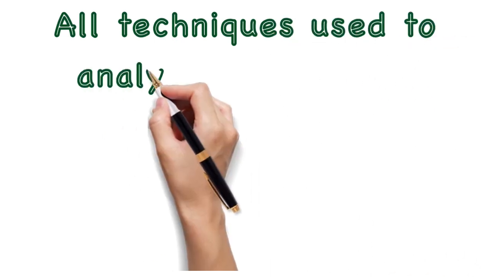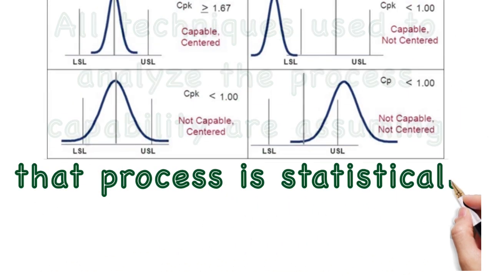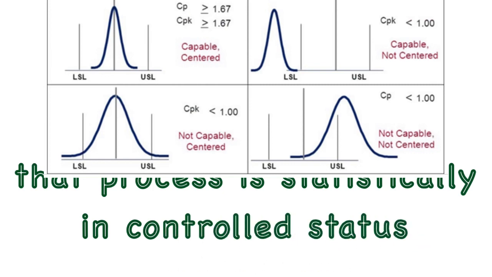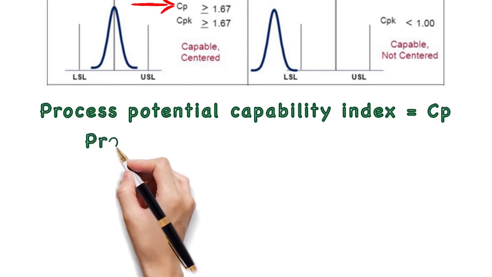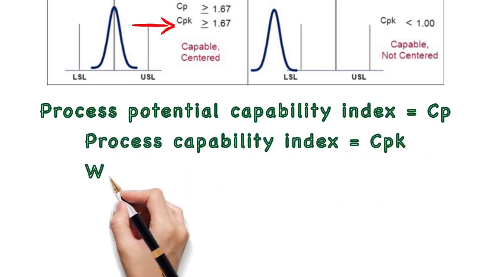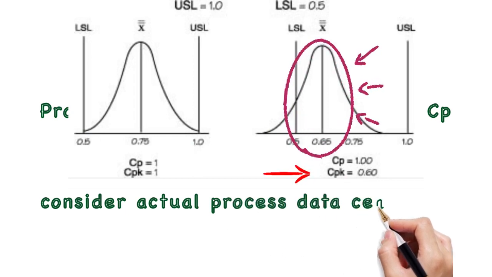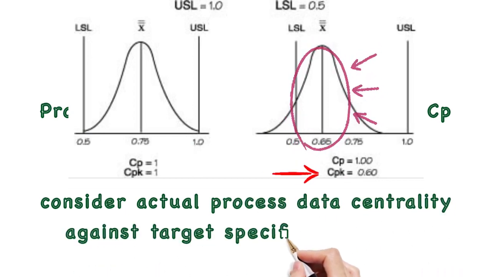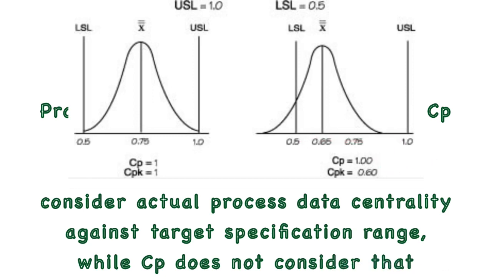However, one thing important to understand here is that all techniques used to analyze the process capability assume that the process is statistically in controlled status. So we have what is called the Process Potential Capability Index, CP, or the Process Capability Index, CPK, with the main difference that CPK considers actual process data centrality against the target specification range, while CP does not consider that.